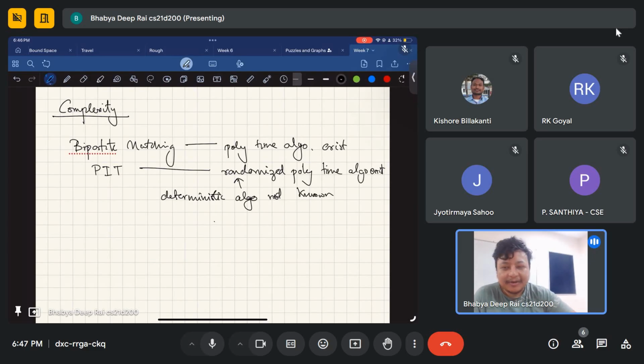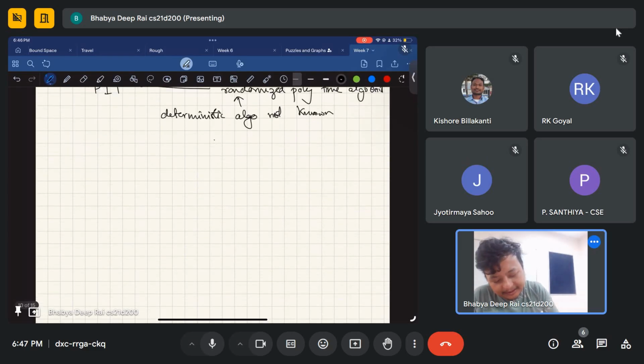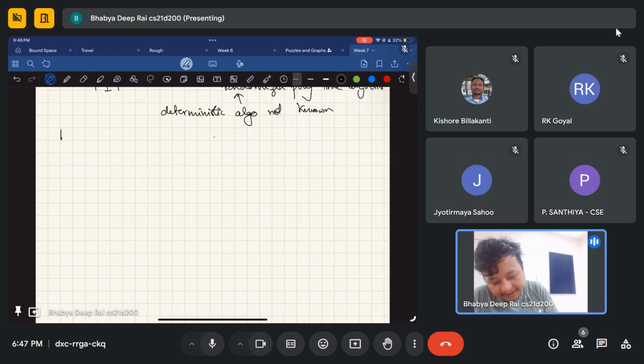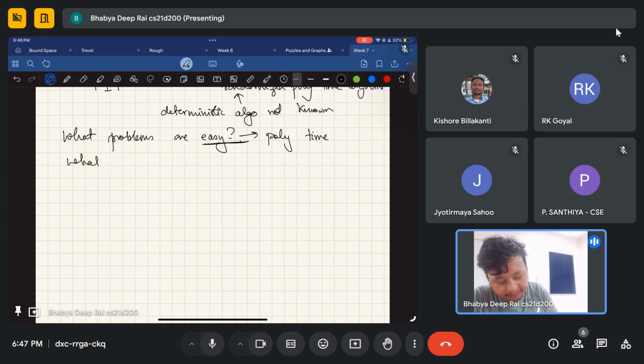In other words, what we are asking is what problems are easy, which loosely means I can do it in polynomial time, and what problems are hard.